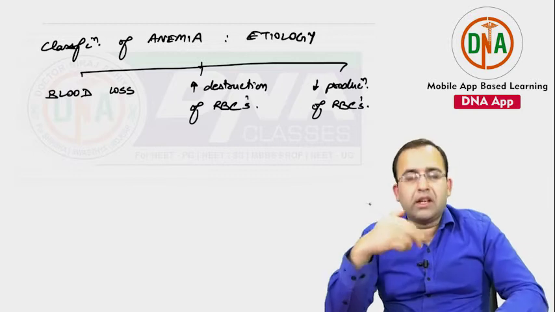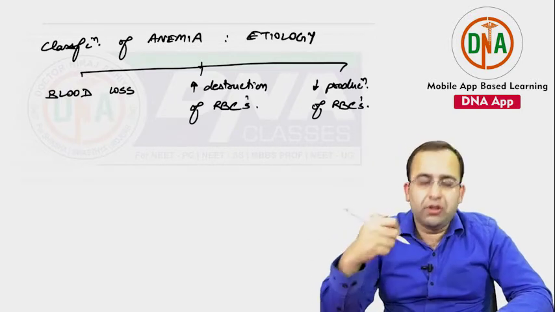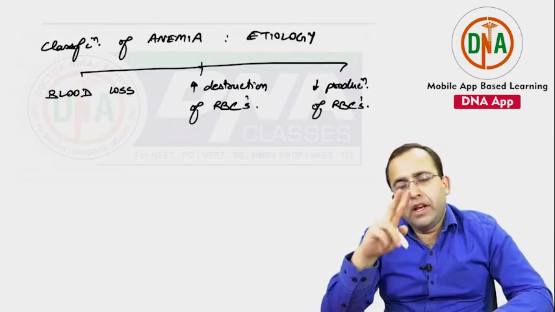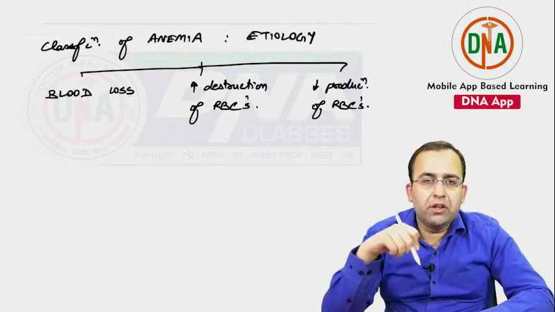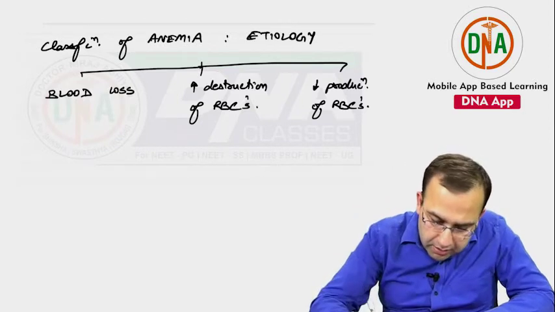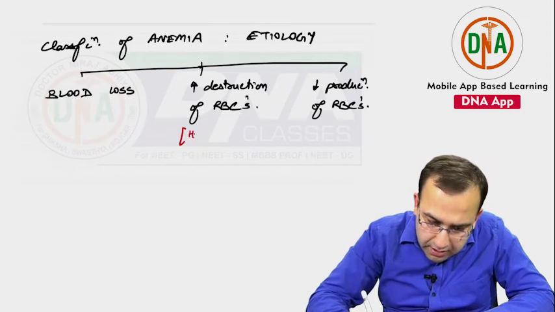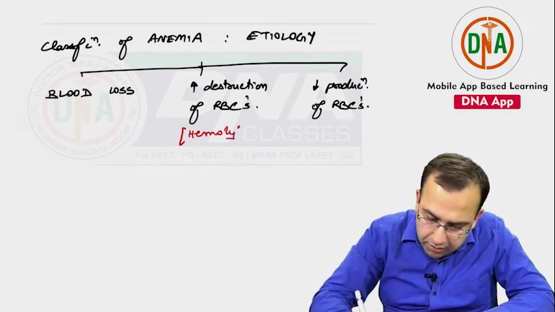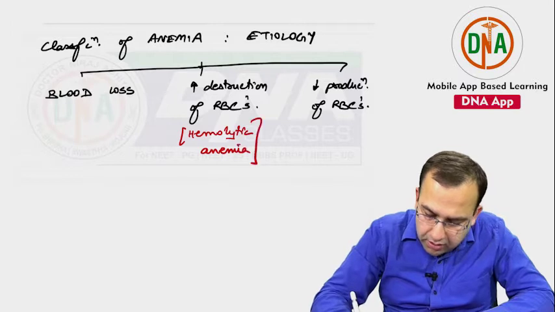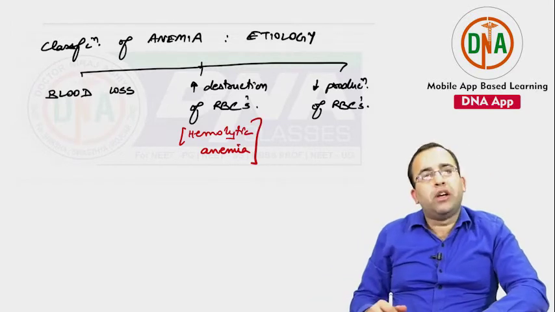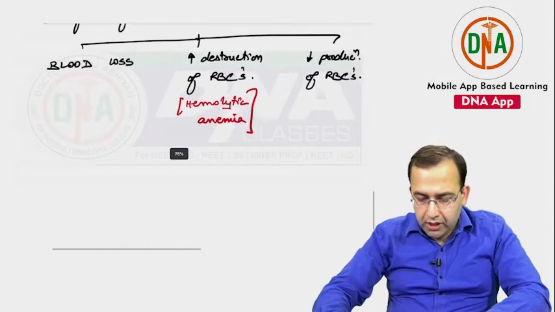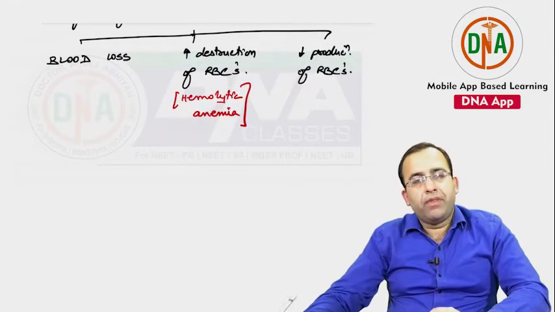So, classification on the basis of etiology. Blood loss, increased destruction, reduced production. Increased destruction of RBCs is called as hemolytic anemias. We will do each one of these one by one.